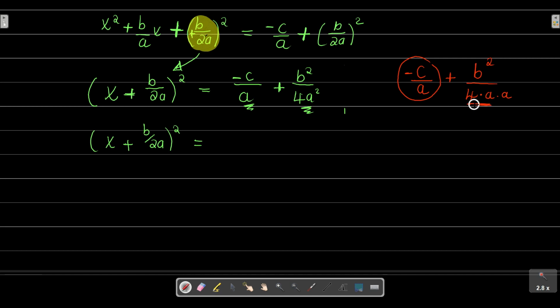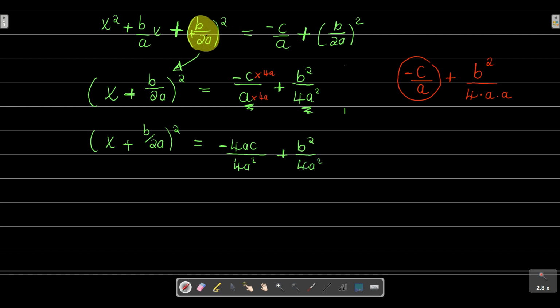What is missing? By 4a. So we multiply the negative c by 4a, and the a by 4a, because then I will have 4a squared. So now we have negative 4ac as our numerator divided by 4a squared, plus b squared over 4a squared.